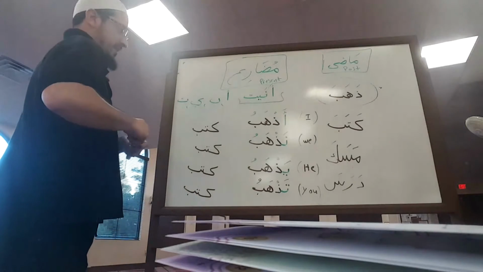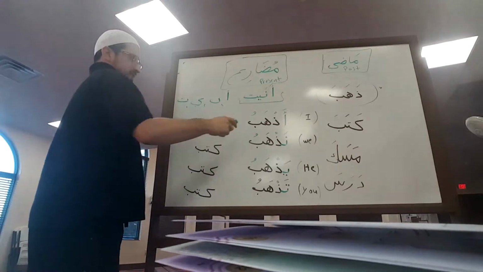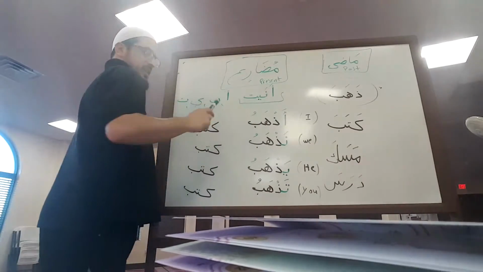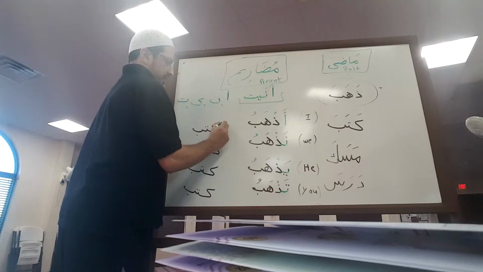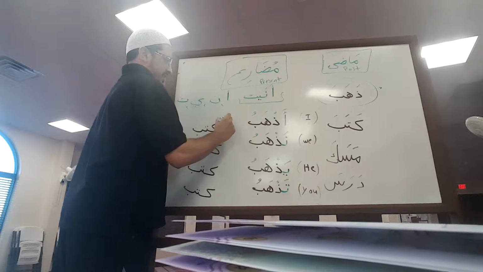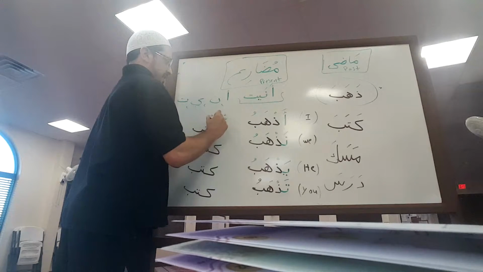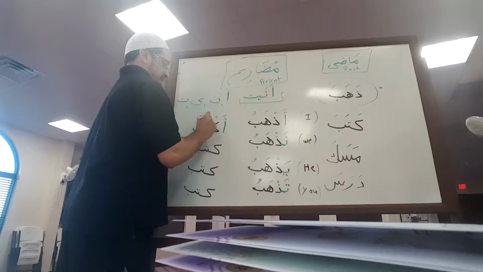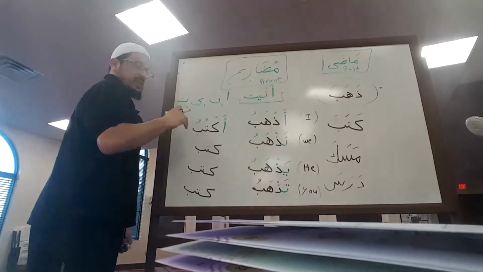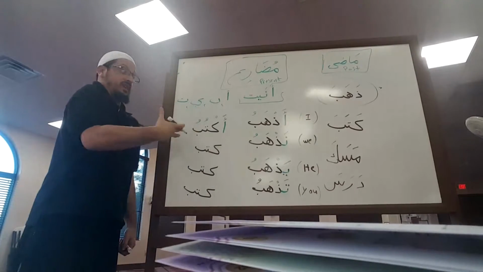Try to follow the same pattern with the first letter and with the vowels. Aktabu. So you have ak, tu, bu, which means I write. This is the fun part actually, because you understand.